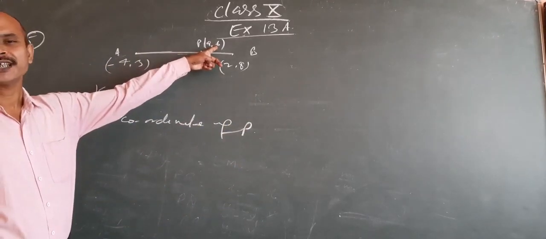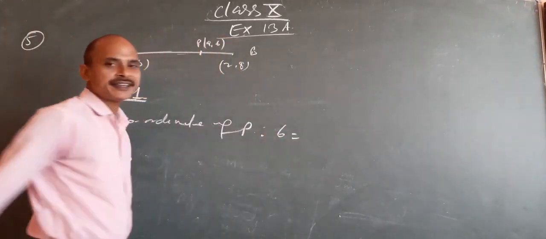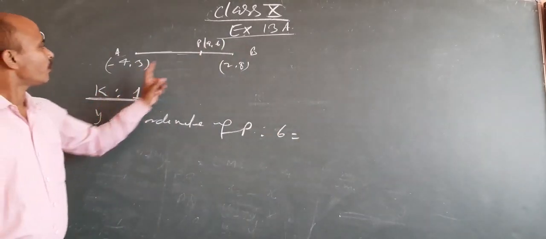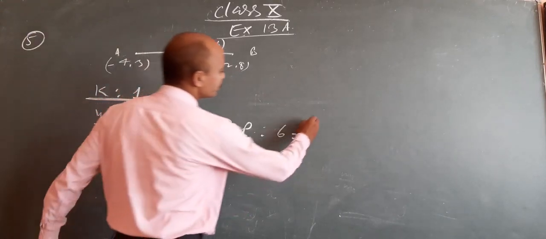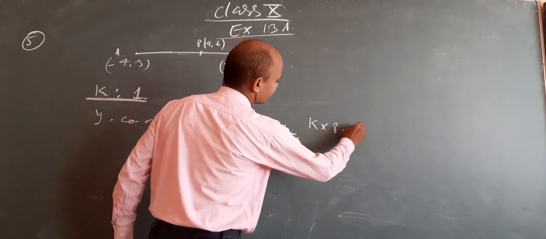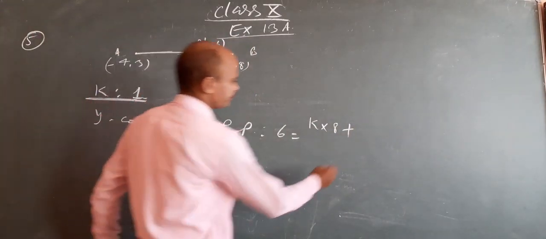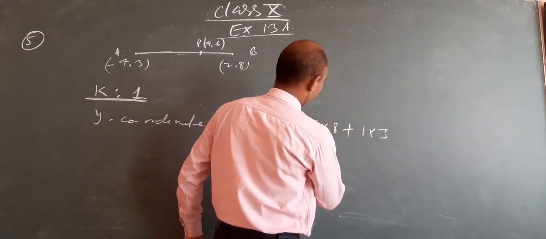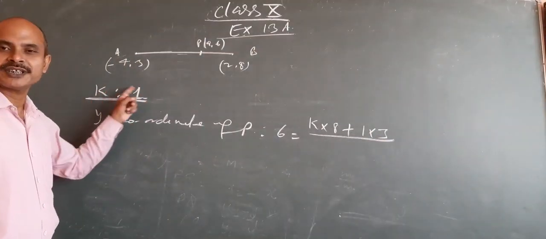This is the Y coordinate. Y coordinate is given by m1 y2 plus m2 y1 by m1 plus m2.